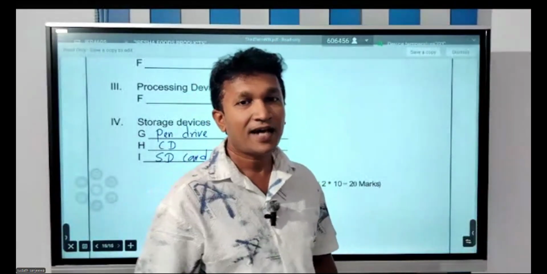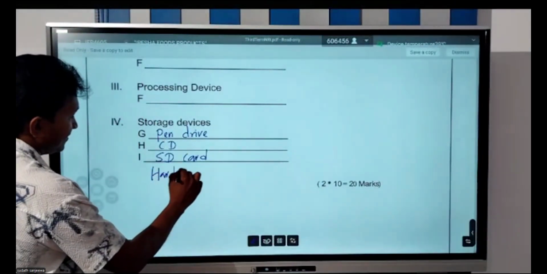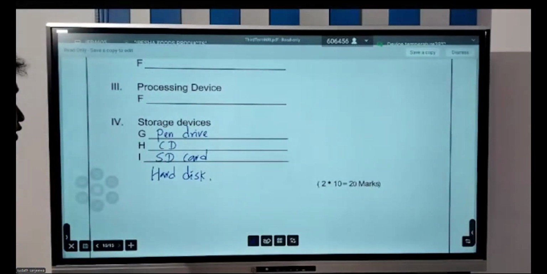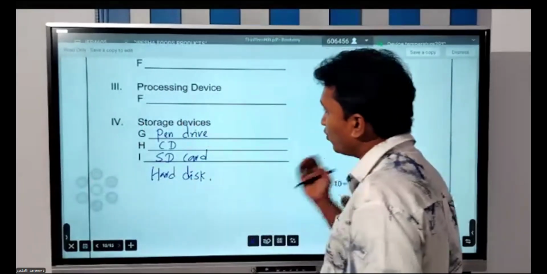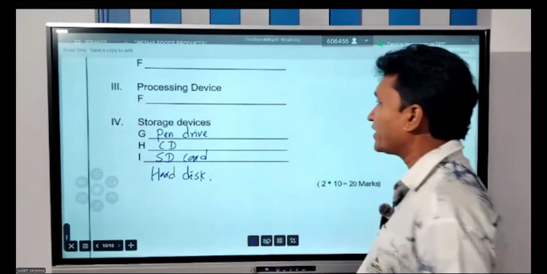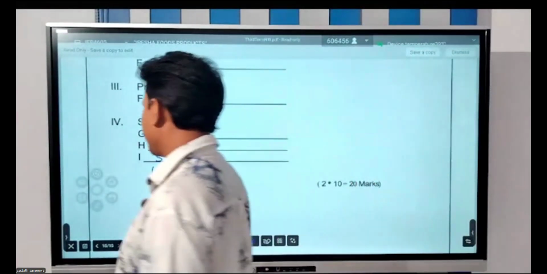The hard disk. Those are the storage devices. You can tell CD, DVD, VCD, Blu-ray, pen drive, SD card. All are storage devices. Good.